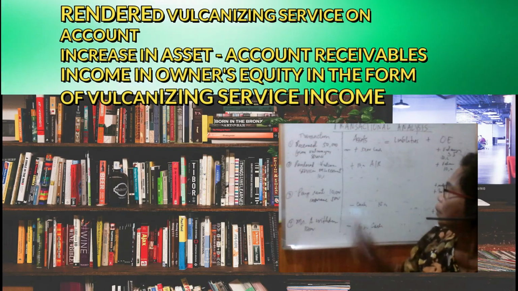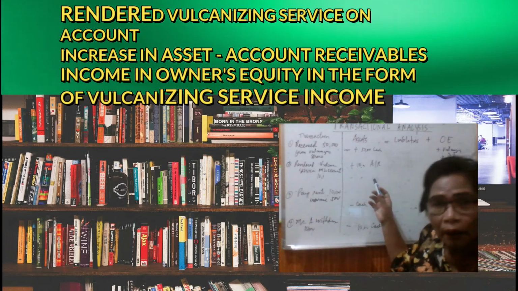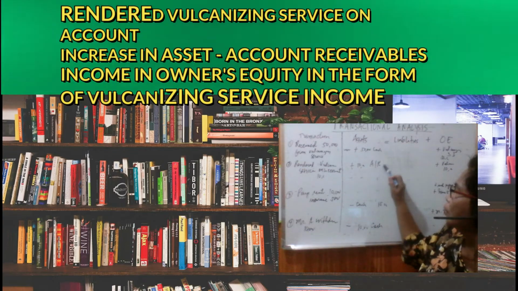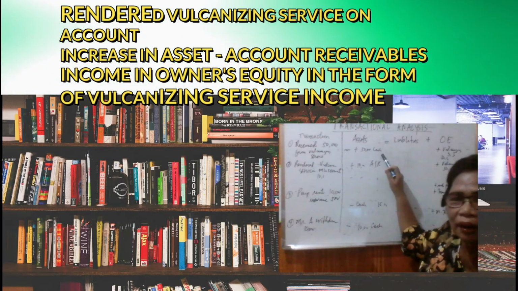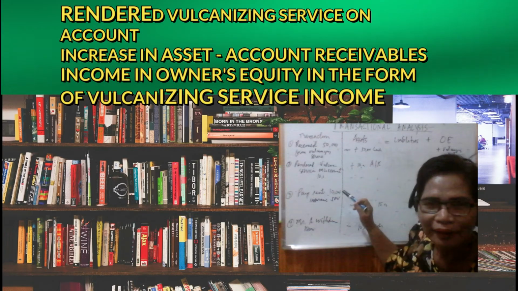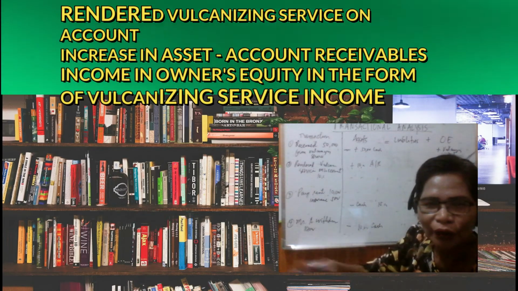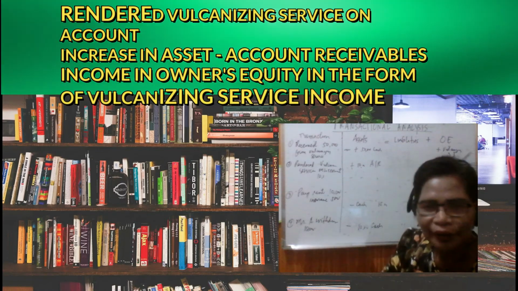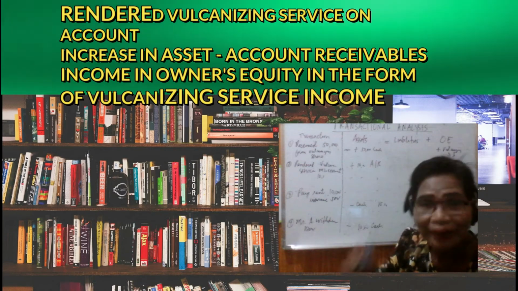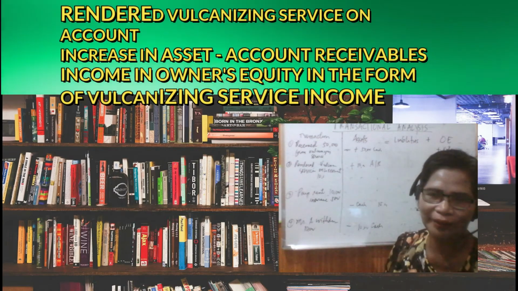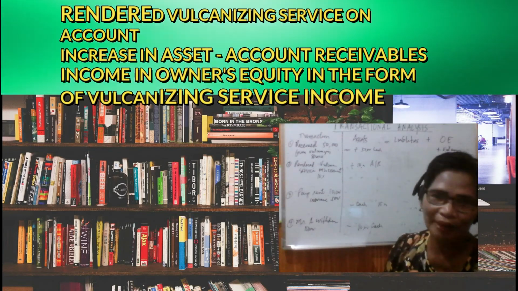Okay, so actually the effect is just the same, but this time, the only difference is instead of cash, you put there accounts receivable. So this is an account title on customers that you have served, that you have rendered service, but the customer did not pay at that time, but he will just pay on a later date or whatever agreement you have.